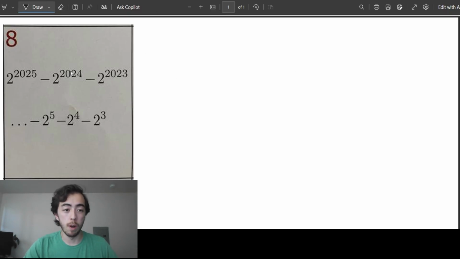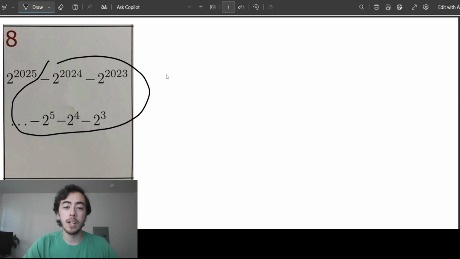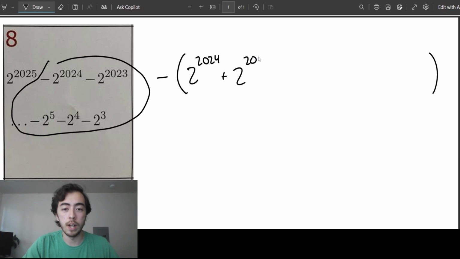So for this problem, I'm going to take a look at how much stuff we're subtracting here, and I'm going to take out the negative sign. I'm just going to assume that all of these terms are now positive, or adding instead of subtracting, just for a bit. And we're going to end up with 2 to the power of 5, 2 to the power of 4, and then 2 to the power of 3.